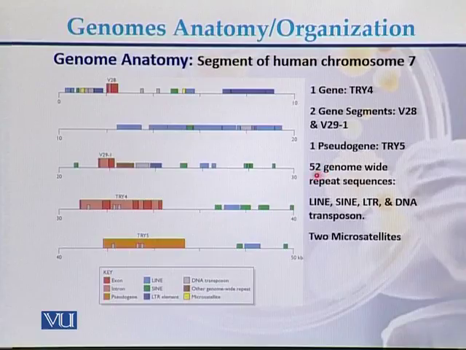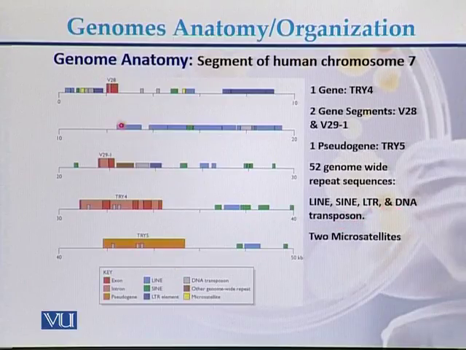There are 52 genome-wide repeat sequences that can be seen here. These are all repeat sequences, either in the form of LINEs, SINEs, or LTRs. So we can see LINEs, SINEs, LTRs, and DNA transposons.